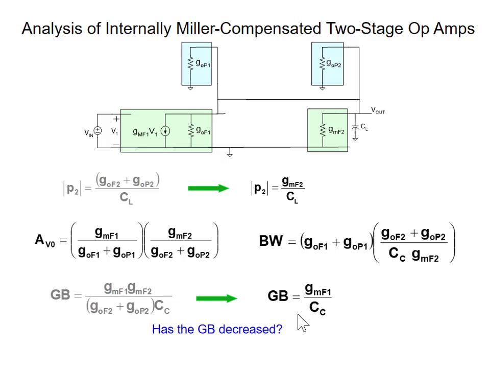Now the bandwidth has certainly changed, and I multiply that by the gain, and I get GM_F1 over C sub C. Does this look different than what we had before? It does. However, this C sub C and this sub C aren't the same. This sub CC has now been changed by a factor of GM_F2 over G out F2 plus G out P1 by the gain of the second stage. So basically the gain bandwidth product is the same.